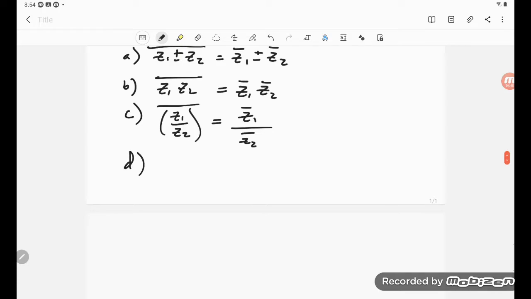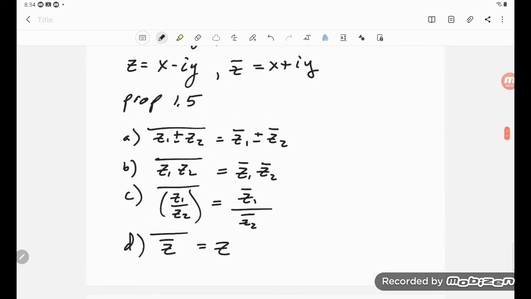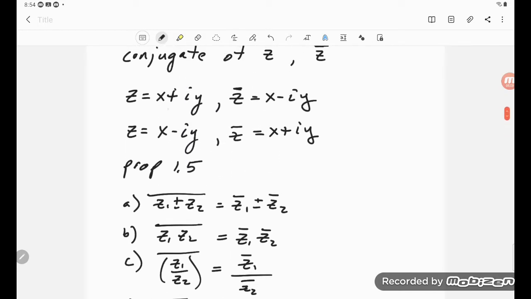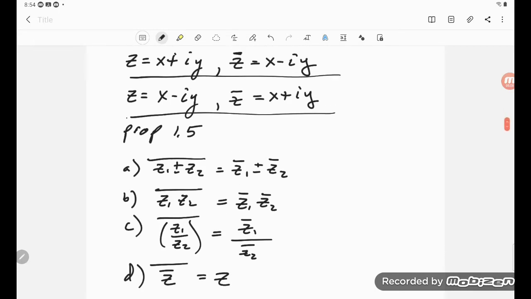D. Let's see, I need to look at D here. Oh, yeah, so that's just, if you want the conjugate of the conjugate, you just get back Z. But again, looking up here, we already kind of pointed that out with those two items.